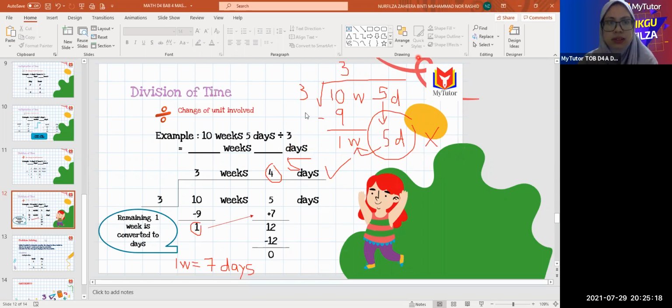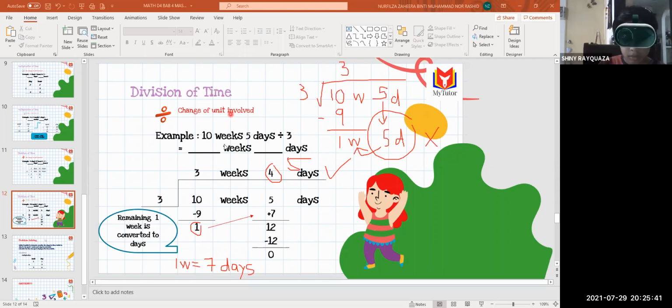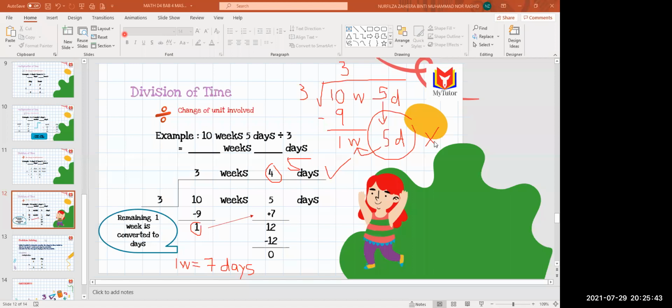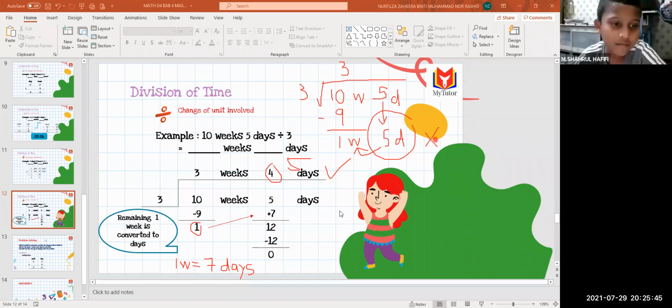Look at your chat, chat me, okay? Are you doing the exercise now on the screen? Still doing it.